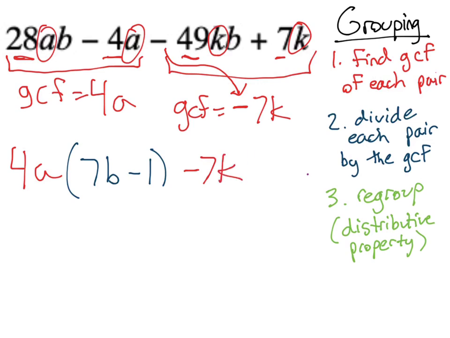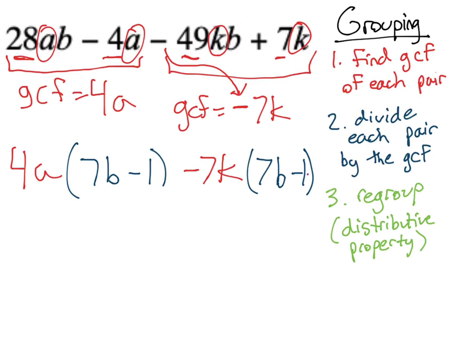When we divide negative 49 by negative 7, we get positive 7, and our k's cancel out in this case, so we're just left with 7b. And from our last term, positive 7k divided by negative 7k, that gives us negative 1.